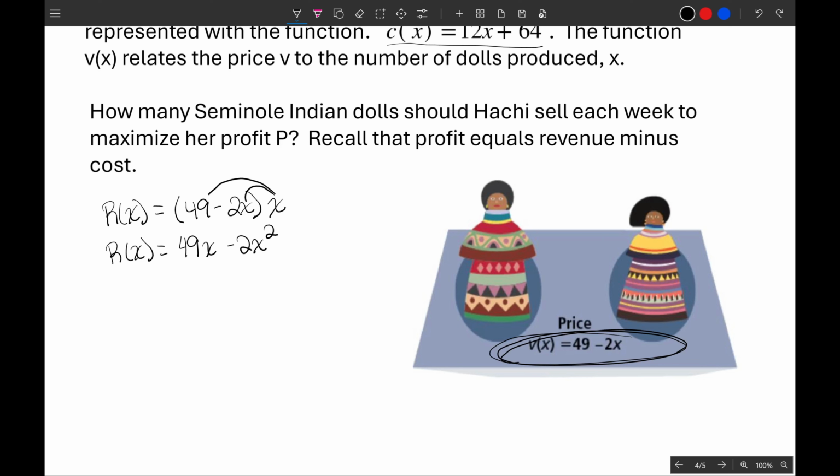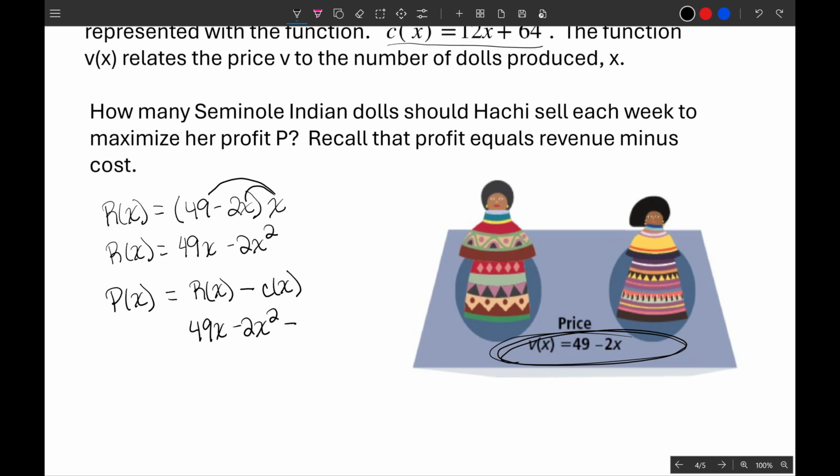So there's my revenue. The profit, let's just call that P of x, is the revenue, so how much I'm selling the dolls for, how much I'll get when I sell a doll, minus the cost of making the doll. So I have my R of x, that's the 49x minus 2x squared.